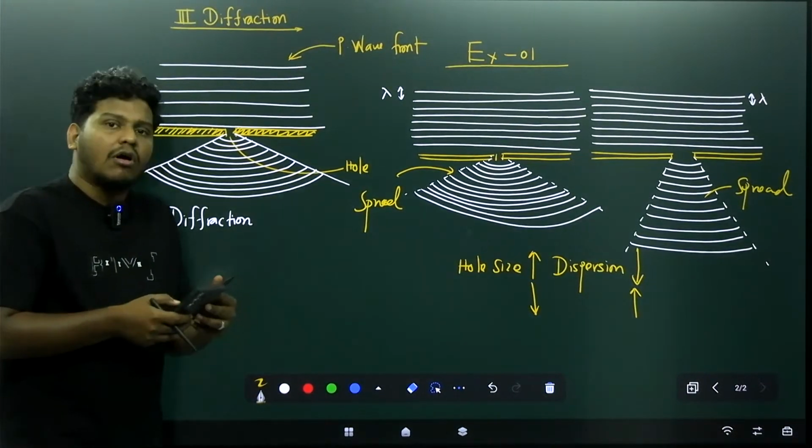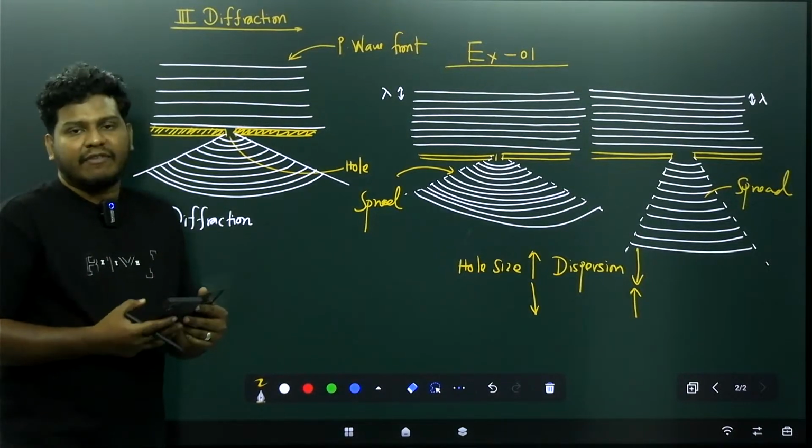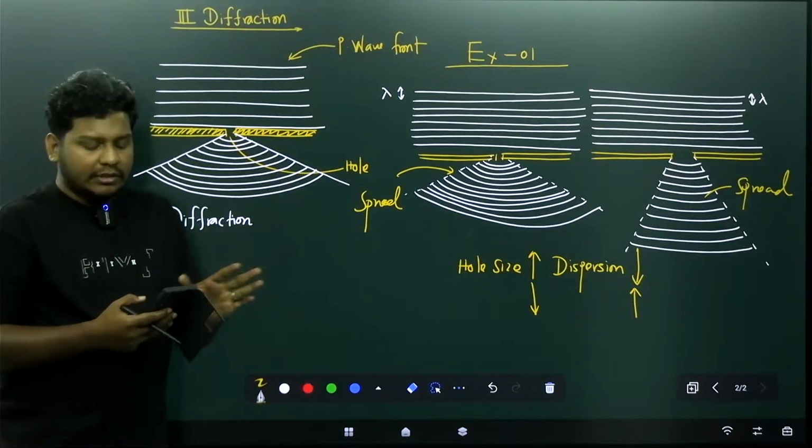The lambda is constant, but the spread will increase and reduce due to the hole size.